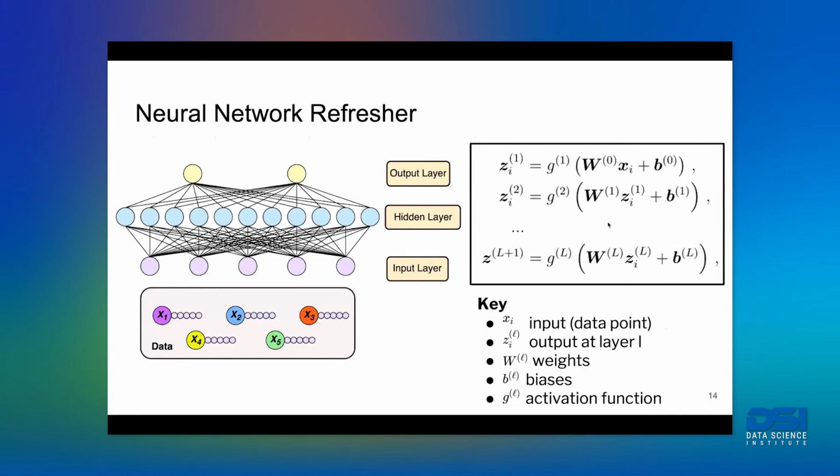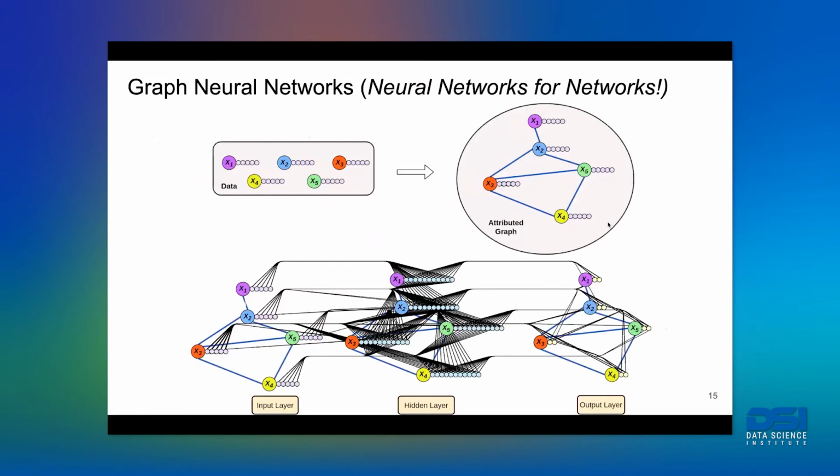Okay, so what I want to talk about is how might we extend the simple paradigm of neural networks to a scenario where that's not the case, where we have these different data points, but we know that there's this underlying structure of relations that connects them.